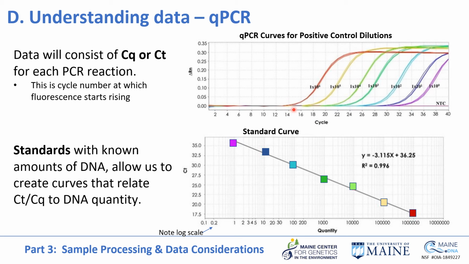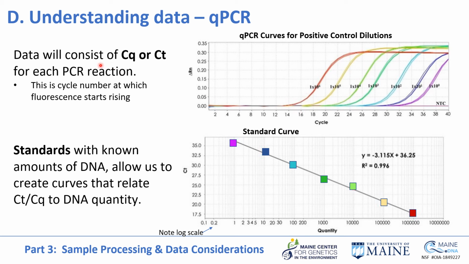And what you'll see here is that when you start with more DNA, like in this red curve, you pop off faster. You get exponential growth faster. And then you pop off slower the less and less DNA that you have. So we use the cycle at which your fluorescent glow starts to really increase exponentially as a measure of how much DNA you started with in your sample.